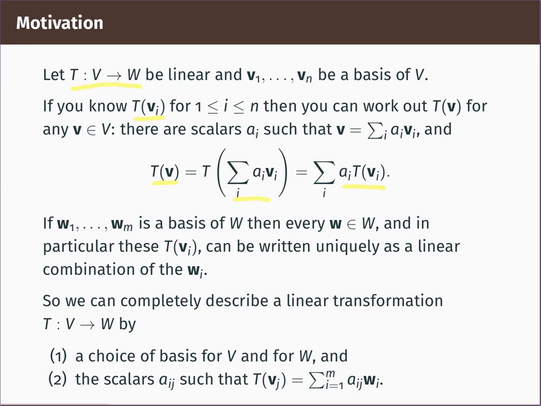That means we can completely describe a linear transformation T from V to W by choosing a basis for V, choosing a basis for W, and writing down the scalars Aij such that T of vj is the sum over i of the Aij's times wi. Those scalars are going to make up what we'll call the matrix of the linear map with respect to the basis consisting of the v's for the domain V and the basis consisting of the w's for the codomain W.